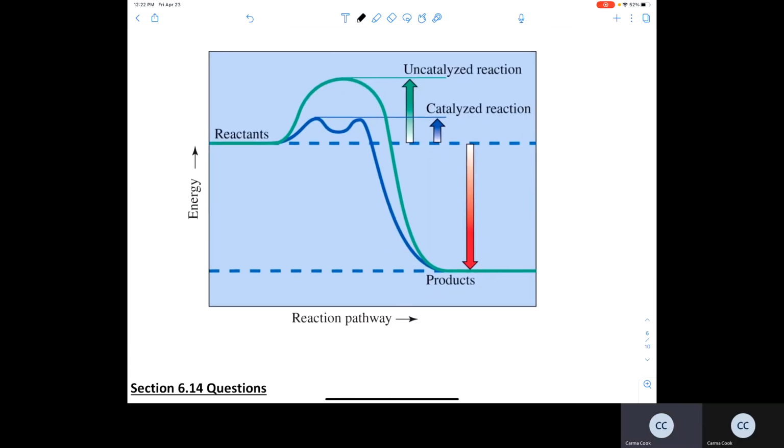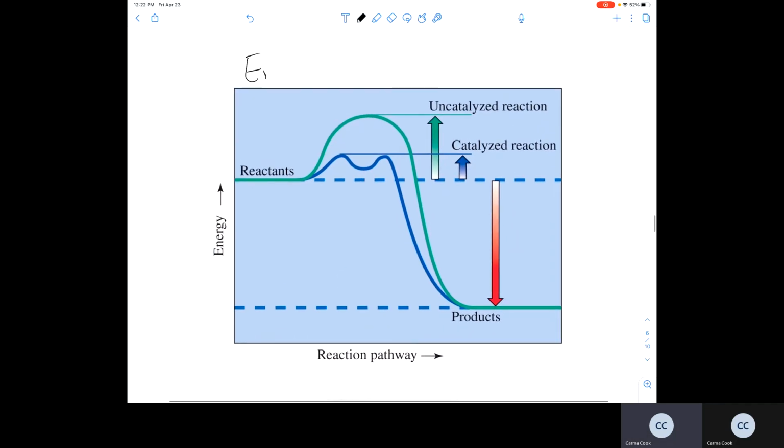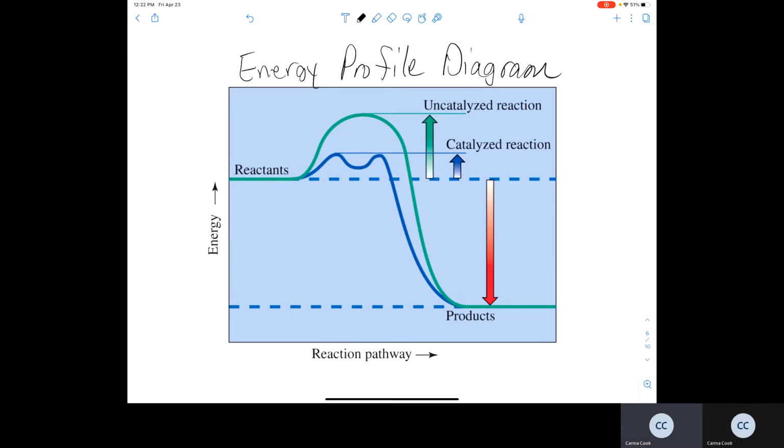This figure is called an energy profile diagram. Without using a catalyst, you have an uncatalyzed reaction with a very large activation energy, and therefore the reaction is going to proceed very slowly.